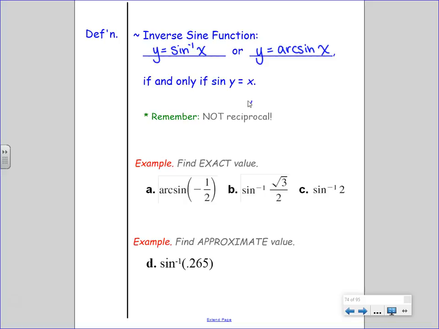So real quick, sine inverse and arc sine mean the same thing. But that is only true if and only if sine of y equals x. So if we flip the x and the y, we're back at a normal sine. Not a reciprocal, remember sine inverse does not equal 1 over sine. Does not equal cosecant. So let me go ahead and show you what's going on with this, okay?